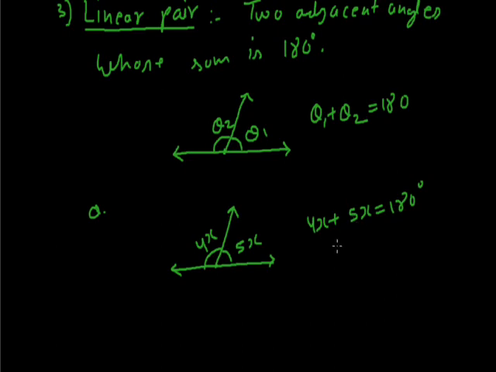So 4x plus 5x becomes 9x equals 180 degrees. So x equals 180 degrees divided by 9, so the value of x in this question should be 20 degrees.